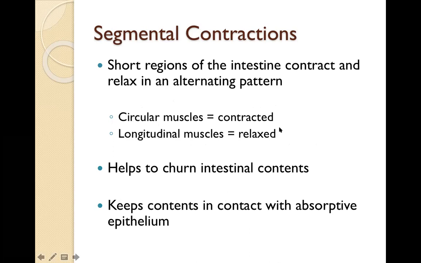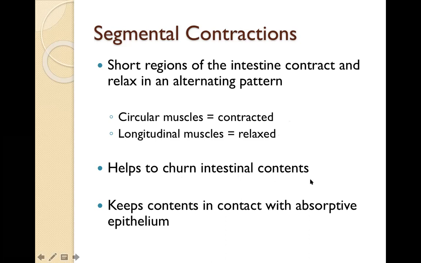And then you can imagine when they flip, when the longitudinal muscles are contracted and the circular muscles are relaxed. And this back and forth contraction doesn't really move anything along the GI tract. Its major function is to churn the intestinal contents.